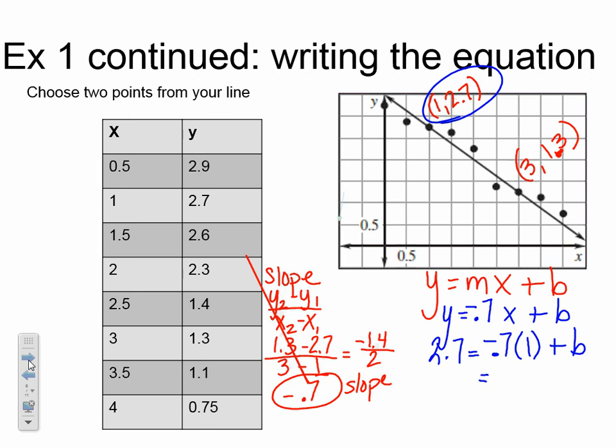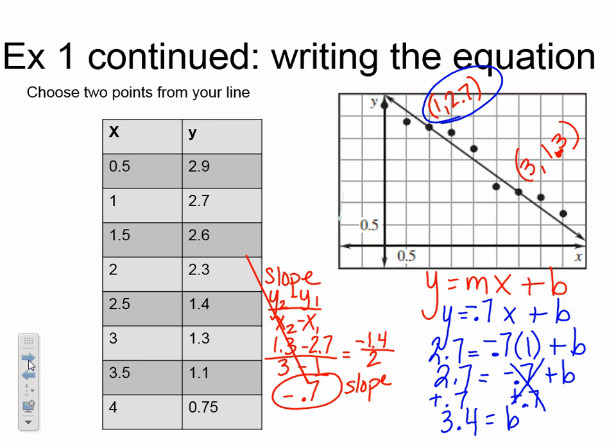Negative 0.7 times 1 is negative 0.7 plus b. And then I'm going to add 0.7 to both sides, so b equals 3.4. So that tells me my y-intercept, according to my line of best fit, would be 3.4.